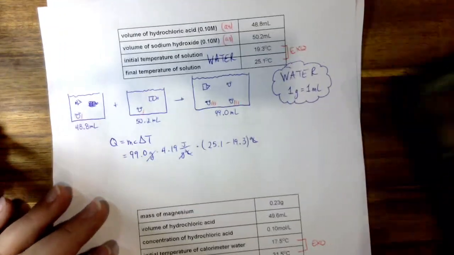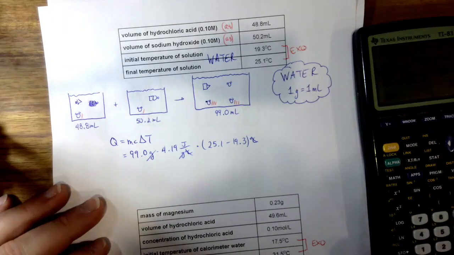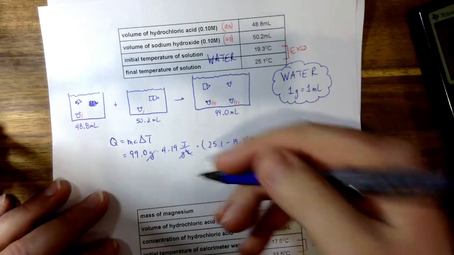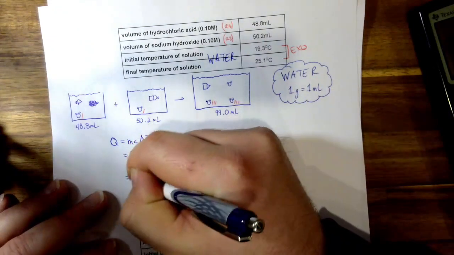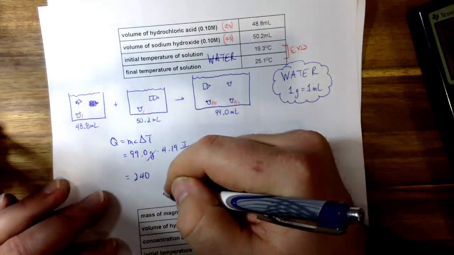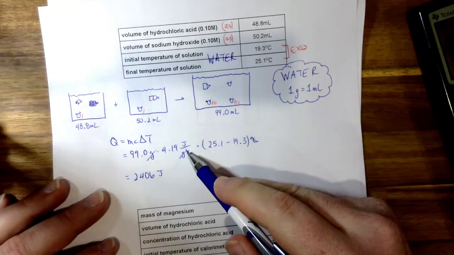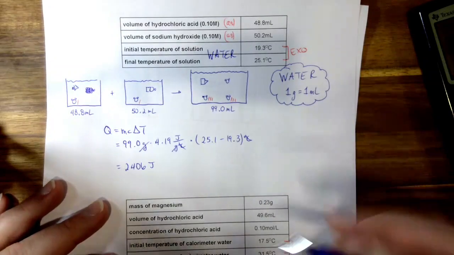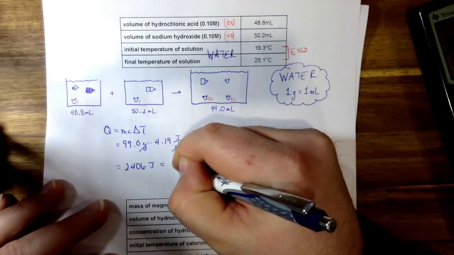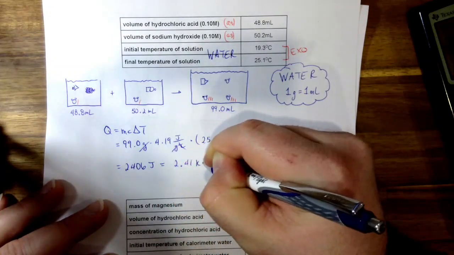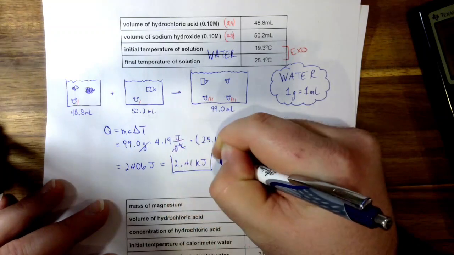And we have a little bit of math. 99 times 4.19 times parentheses, 25.1 minus 19.3, close bracket, equals, I've got 2,406, and joules is my unit remaining. Okay, again, this could ask me to change it into kilojoules, just 2.41 kilojoules.